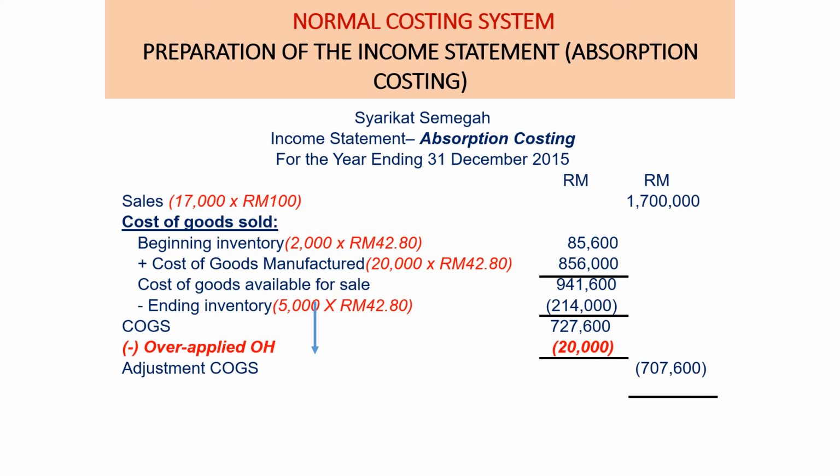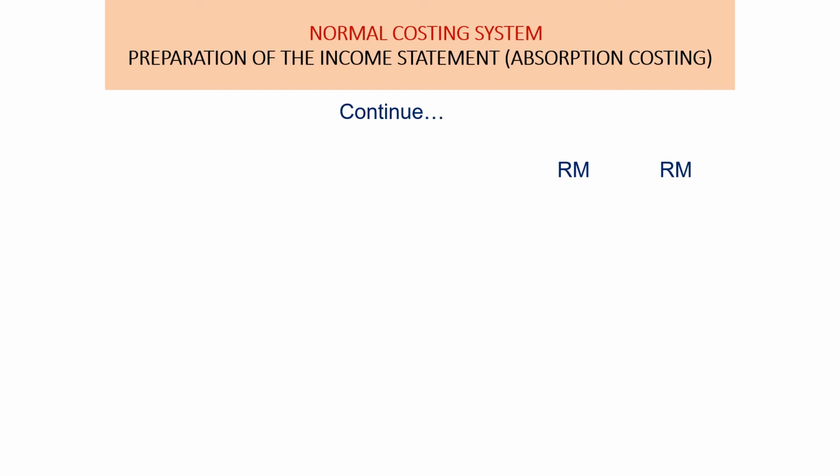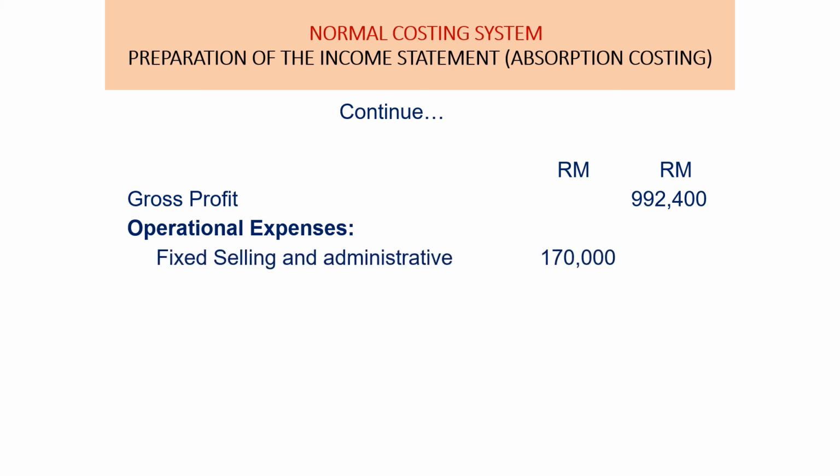So adjusted cost of goods sold is 707,600. So the gross profit is sales minus adjusted COGS, which is 992,400, less operational expenses: fixed selling and administrative 170,000, and then you have the variable selling and administrative.